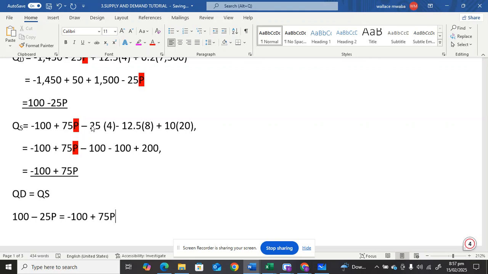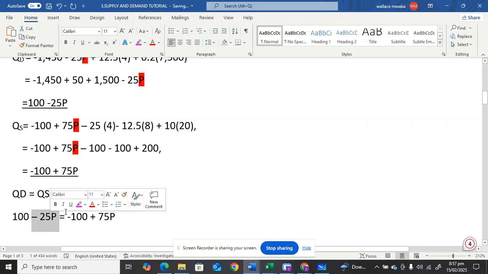So first we solve for p. This is algebra. So we group like terms together. This negative 25p, we cross it over the equal sign, it becomes positive. And this negative 100 here, we cross it over the equal sign, so it becomes positive.